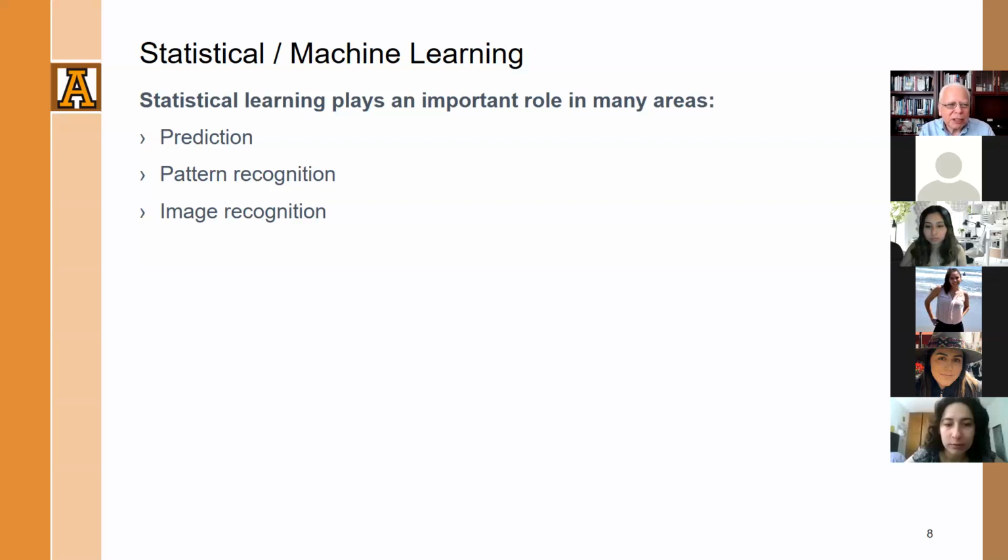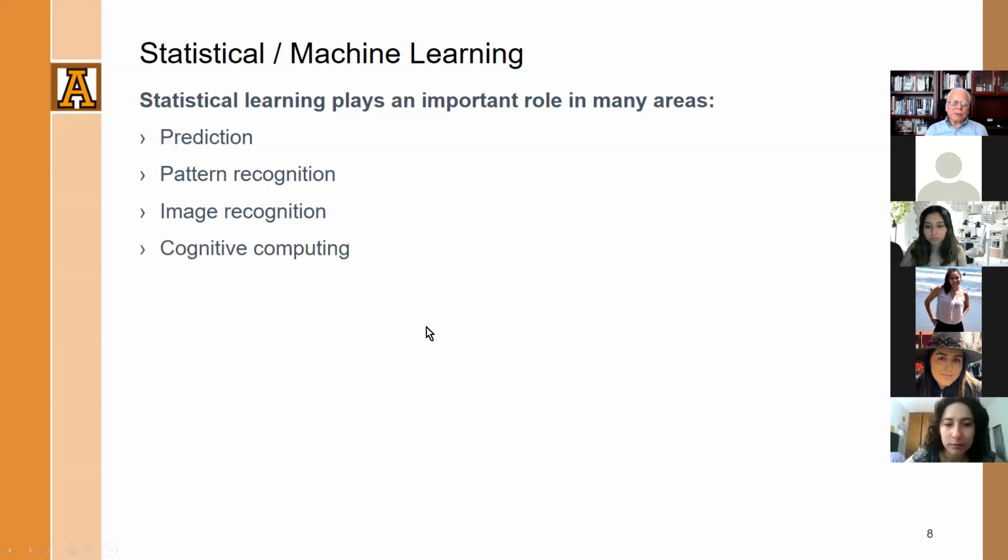So the term that prevails is machine learning. But statistical learning plays a very important role in different areas. Statistical learning is what we use for prediction. We use it for pattern recognition, for image recognition.